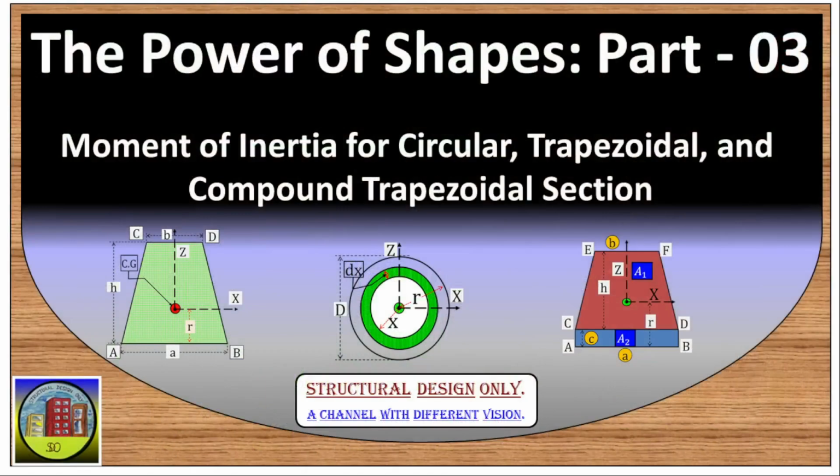This is part 3 of the series, where we delve deeper into the fascinating world of structural engineering. Today, we're tackling the concept of moment of inertia for 3 fundamental shapes: circular, trapezoidal, and compound trapezoidal sections.